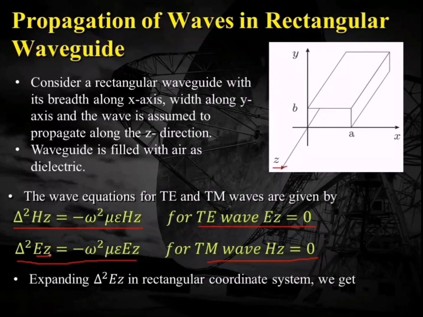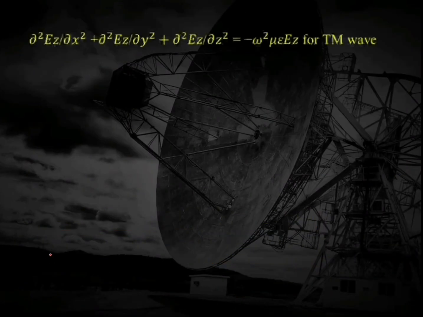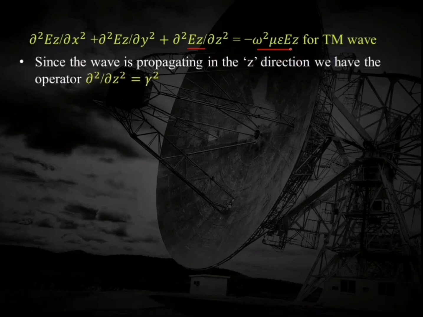So over here I am having Ez, so I will get del square by del x square for Ez, del square by del y square for Ez, and del square by del z square for Ez on the left hand side. And on the right hand side it will be minus omega square mu epsilon of Ez. Similarly, for the TE wave, we will get del square Hz by del x square, plus del square Hz by del y square, plus del square Hz by del z square is equal to the right hand side.